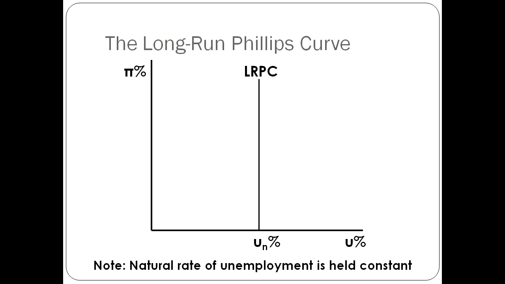This is the rate of unemployment that is associated with full employment. Notice here that the natural rate of unemployment is constant even when inflation is changing. So always remember that the long-run Phillips curve is a vertical curve above the natural rate of unemployment.